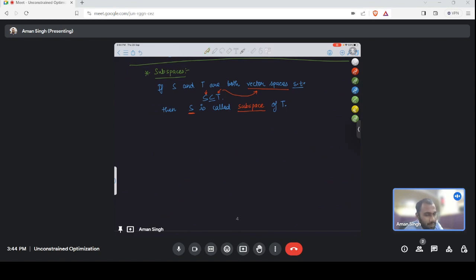We'll look at some examples and counter examples to see what are spaces and what are subspaces. We saw that R square is a vector space earlier.